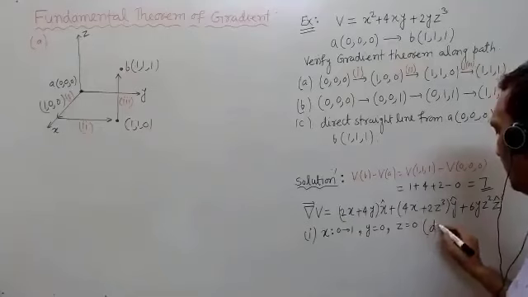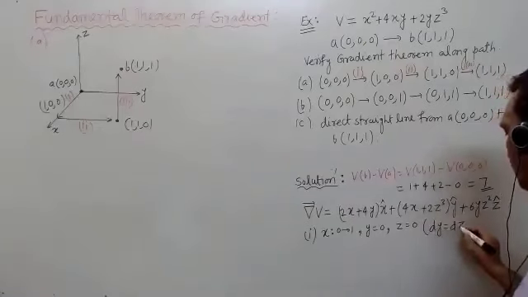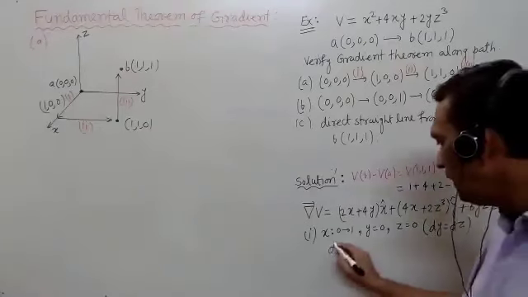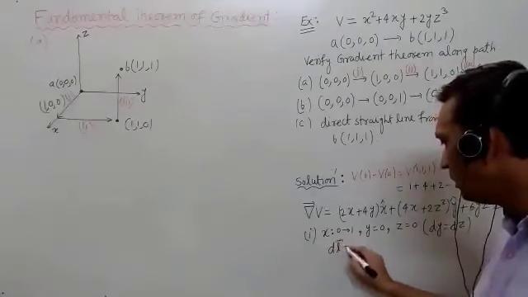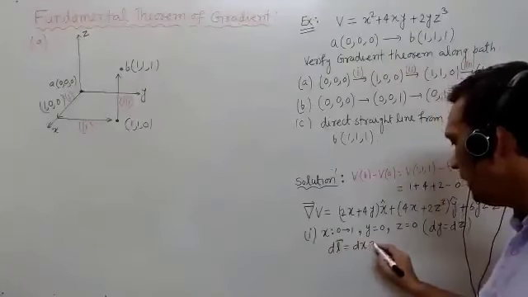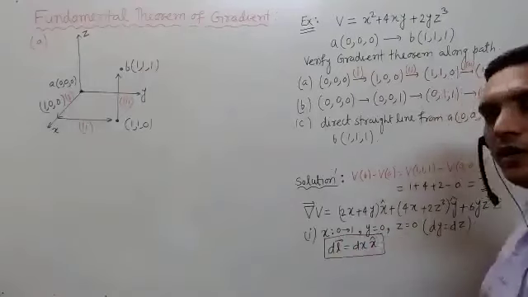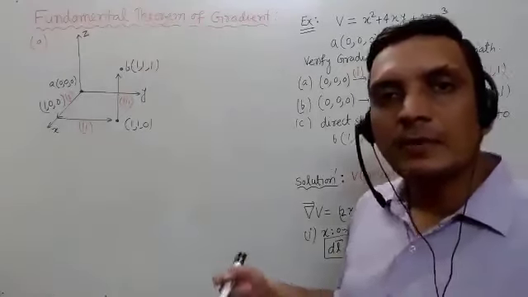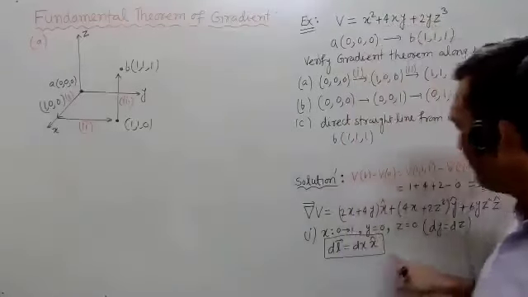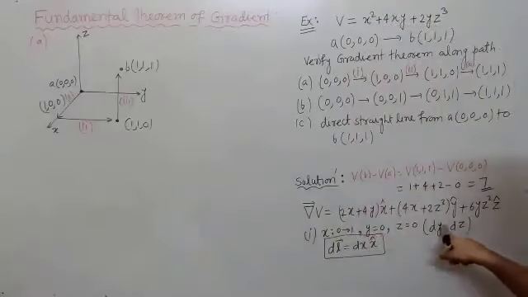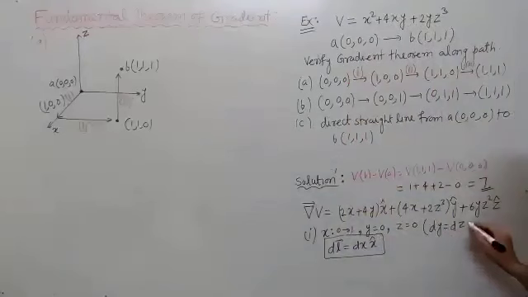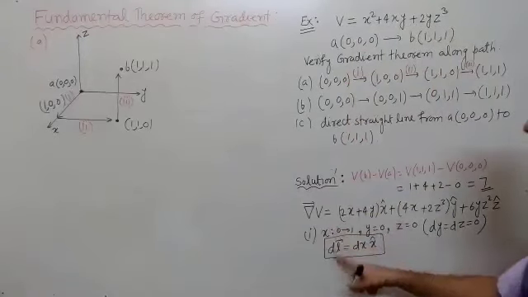So what does it mean? dy and dz are 0. So what will be the dl vector? Simply dx x cap, because dl in Cartesian coordinates is dx x cap plus dy y cap plus dz z cap. But since y and z are 0, dy and dz are 0. So this is the dl vector.